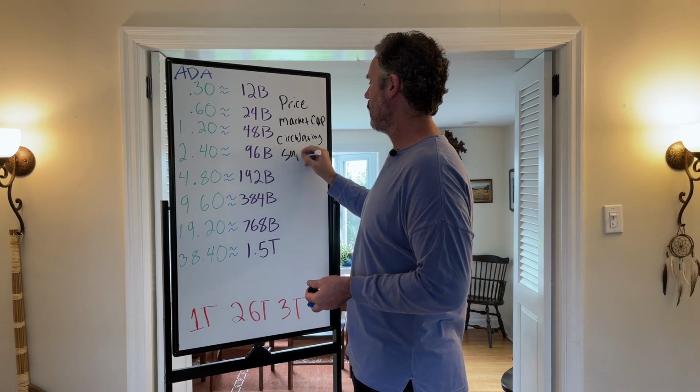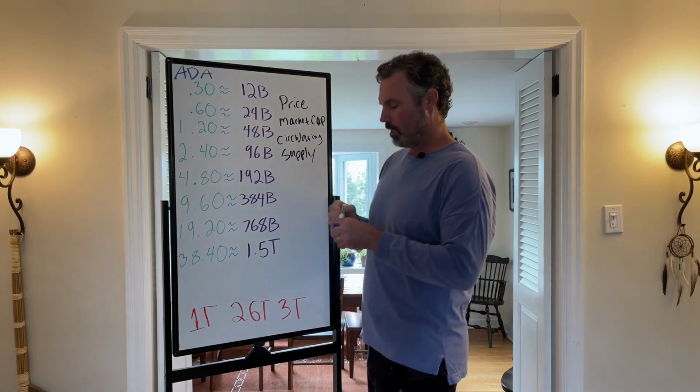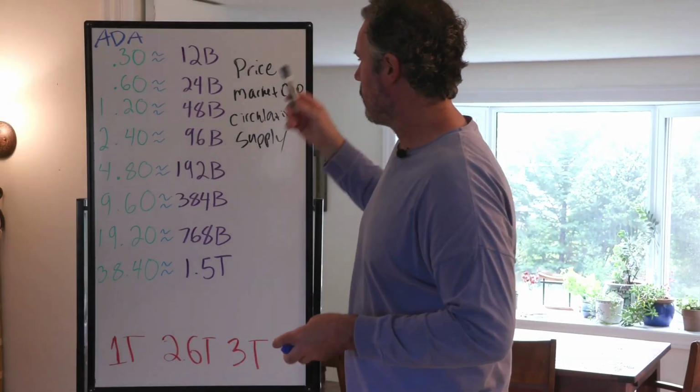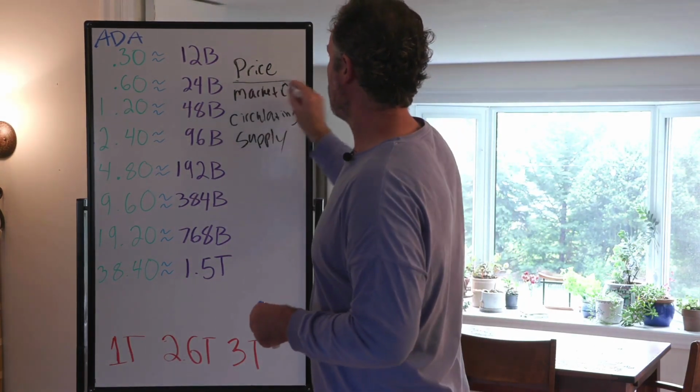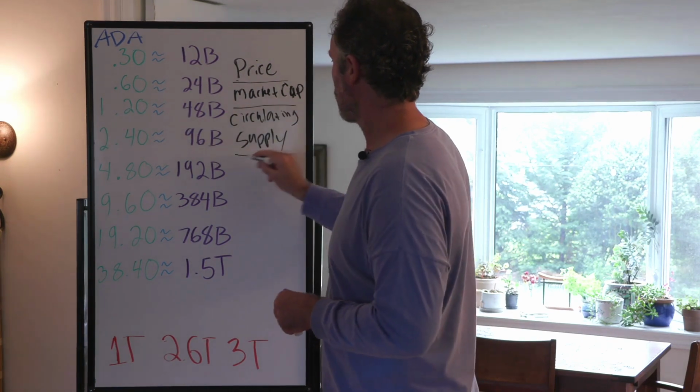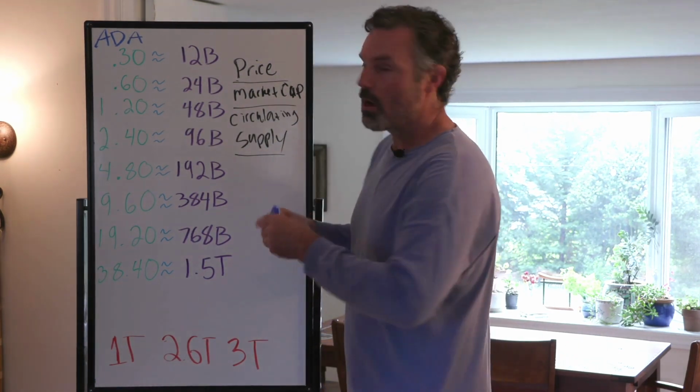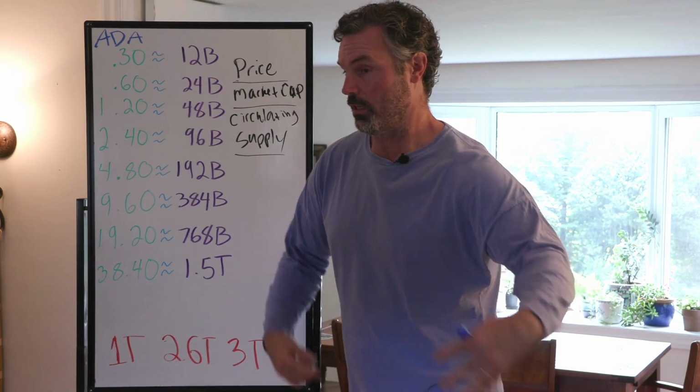Circulating supply right here. Okay, so price, market cap, circulating supply. What do these mean? Okay, and how are they calculated? And that's what we're going to go through right now.